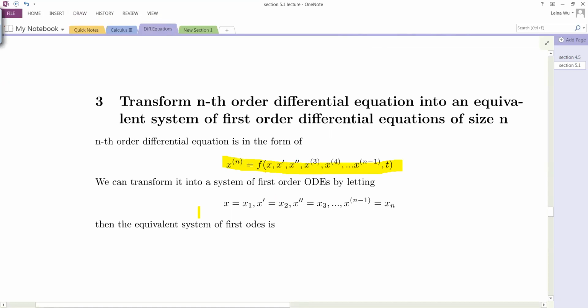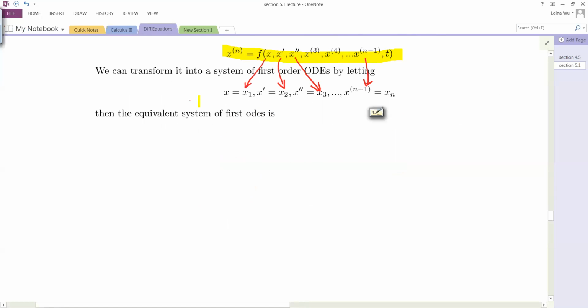We can let x be x1, x prime be a variable x2, x double prime be x3, and eventually the last derivative be xn. Then the system of first order ODEs would be, we can say x1 is just x. Sorry, let me do this differently.